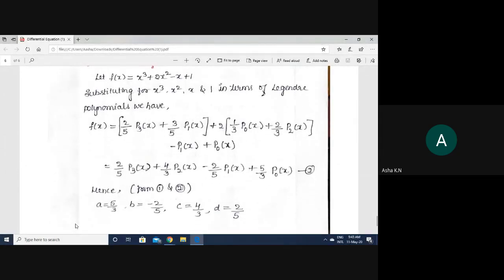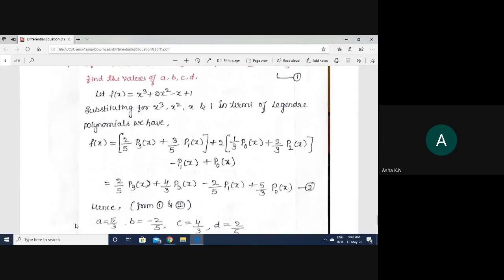This is about finding the values of A, B, C, D. They can give any polynomial here. Maybe they will give something like 3x cube plus 7x minus 8. Just substitute like how we did now. Substitute expressions for x cube, x square and all that. Simplify. Okay. These steps are not at all tough.